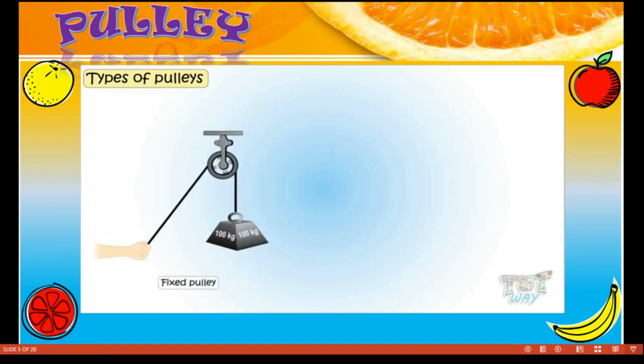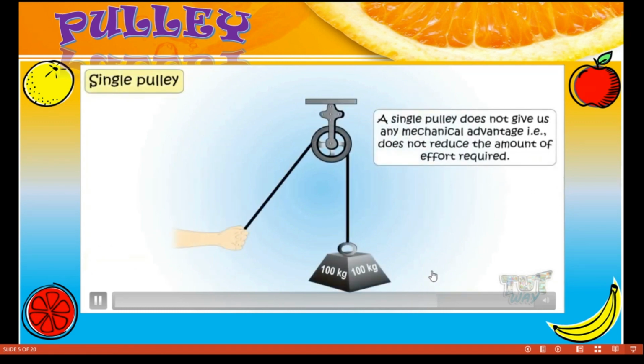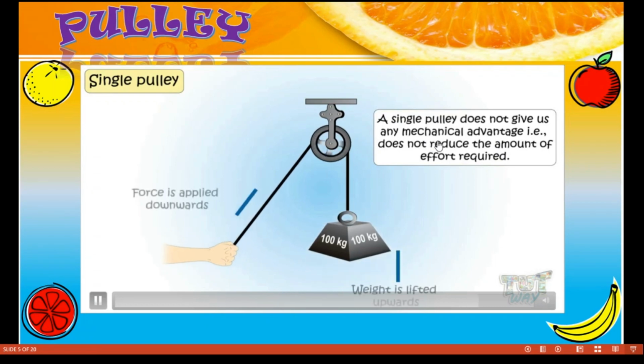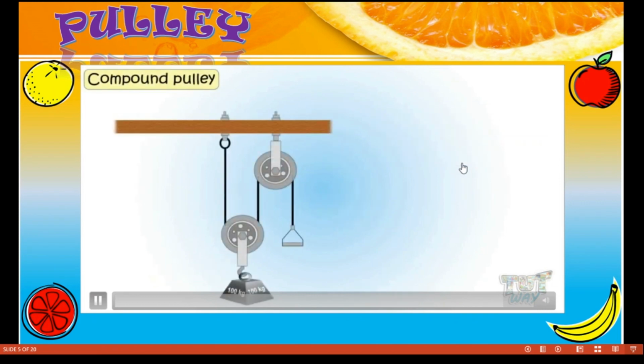There are different types of pulleys. One is the fixed pulley, and another one is the movable pulley. A single pulley does not give us any mechanical advantage. As I told earlier, it does not reduce the amount of effort required. Neither does it increase or decrease the force.